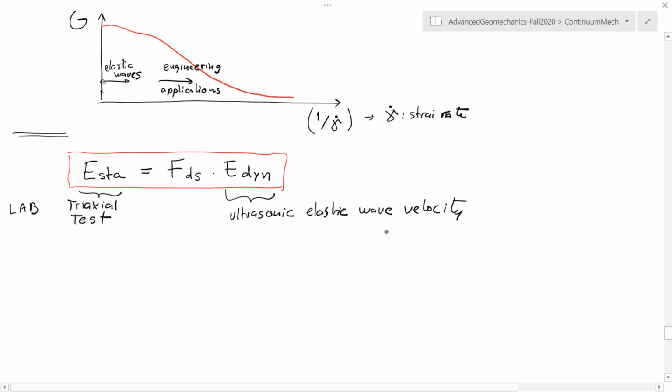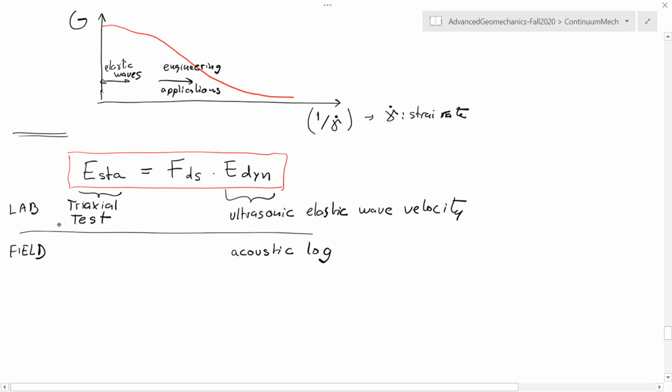Usually these two are done together at the same time. And in the field, then we obtain the dynamic Young modulus through an acoustic log.